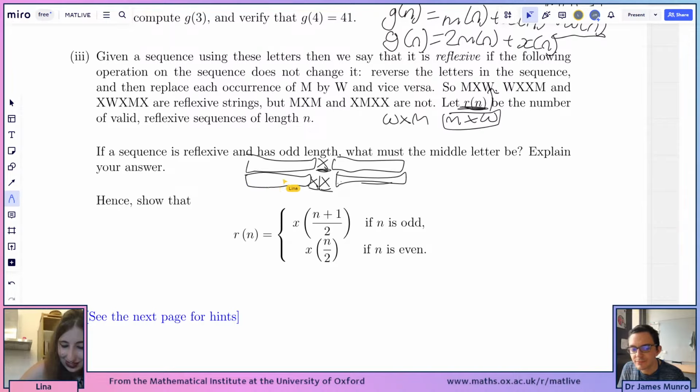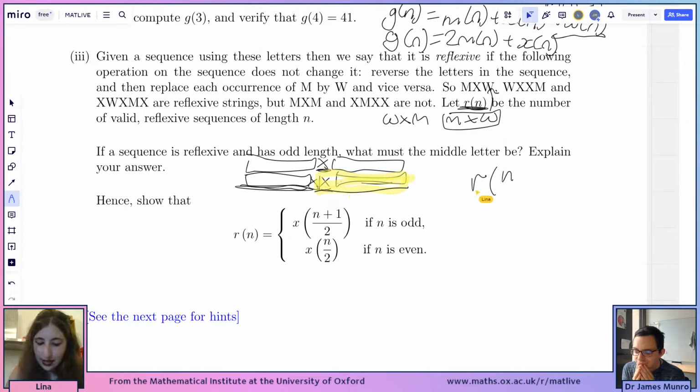So if we just use this to be one word here, and then we reverse it on this side, and we apply the reflexive, we reverse it and we swap the N's and the W's here, then we are going to have the same word essentially here. So we just need one word of half the length for the even words. So that means we just need R of n over 2. X of n over 2.